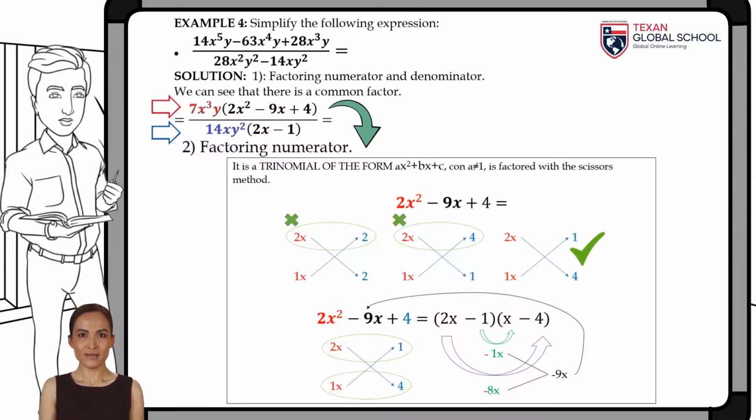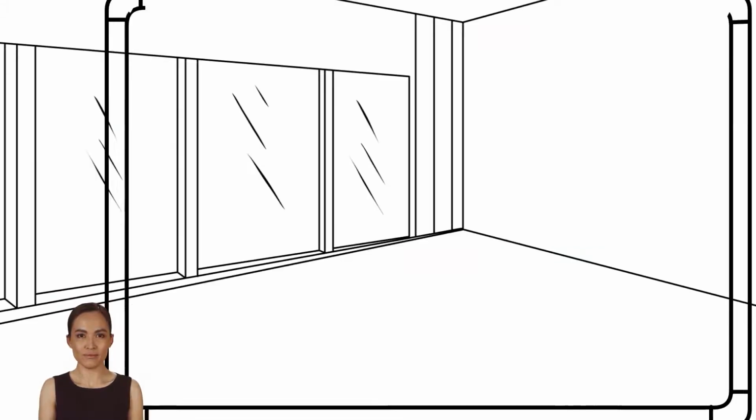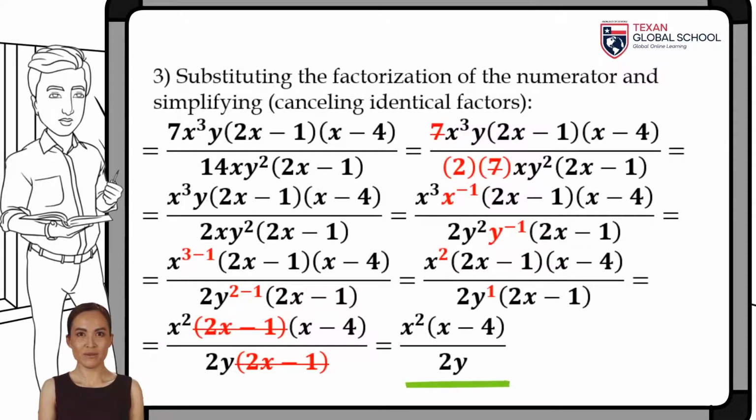We then replace these factors in the original expression. After the entire expression has been factored, we begin to simplify identical factors. The 14 of the denominator is separated into its prime factors, 2 times 7. In this way, we cancel the 7. To obtain factors with positive exponents, we move the x of the denominator to the numerator, using laws of exponents, as x to -1, and we subtract, thus obtaining x squared.